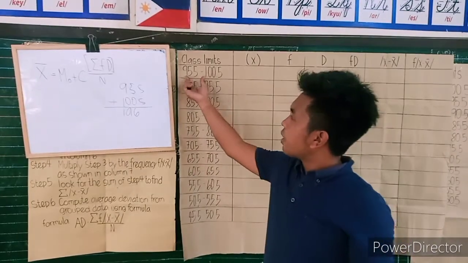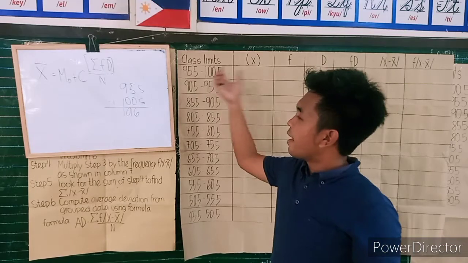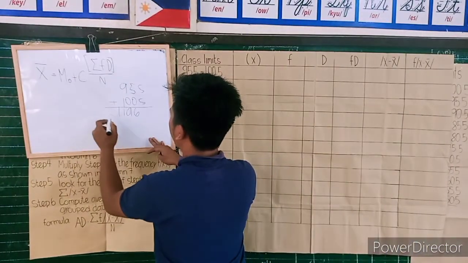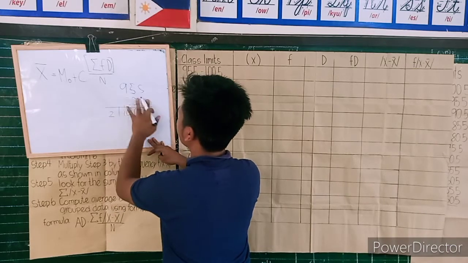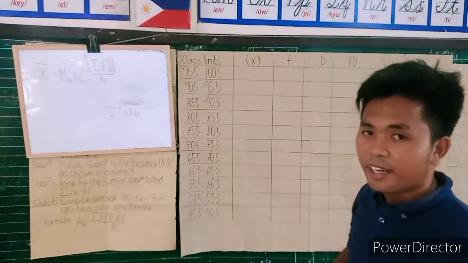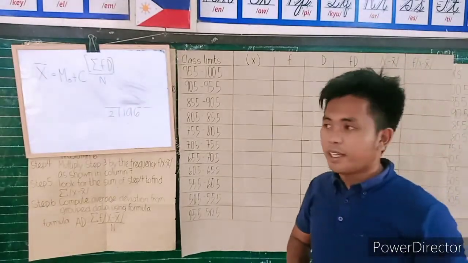We need to add these two and divide by 2. So what is the answer? We have 98.